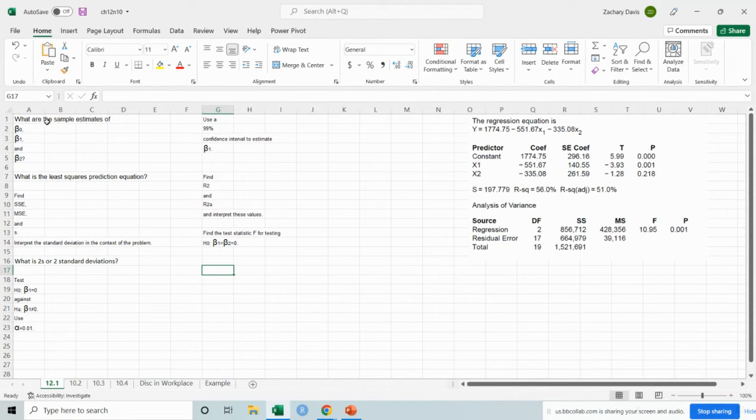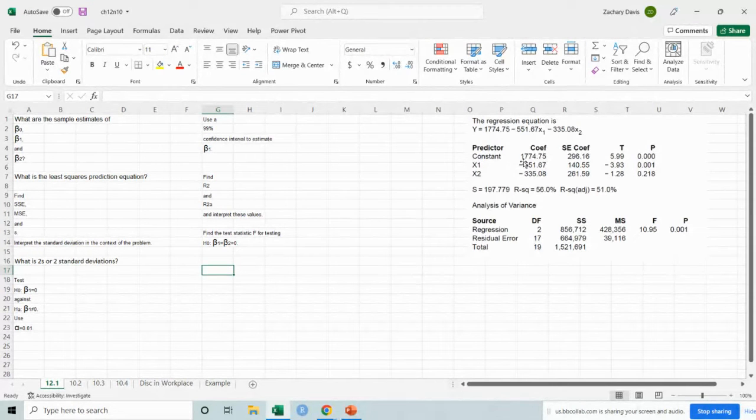So what are the sample estimates of, say, beta 0? Beta 0 is our intercept, and when you get your output, you can either look at the regression line if you're given it. You can see the y-intercept is here, 1,774.75, or it's in this column of coefficients.